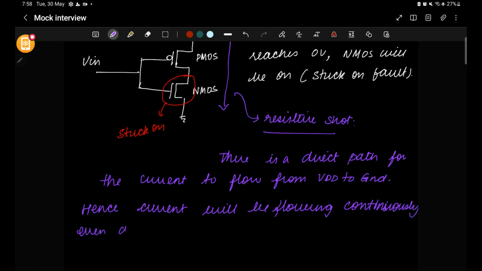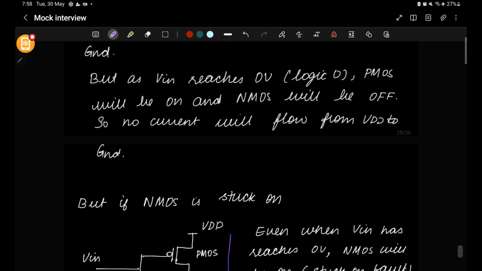So that is what is said here in this graph also.